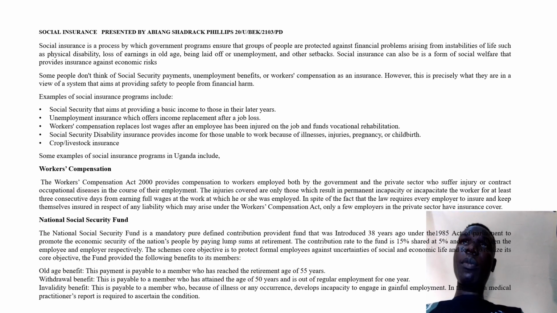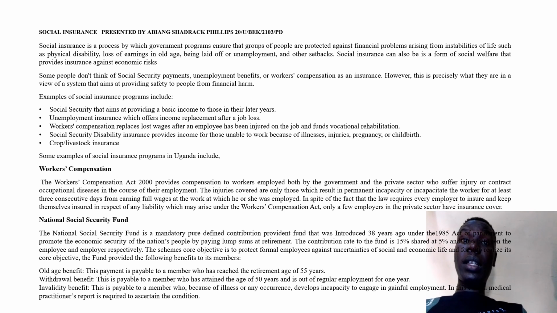Social insurance can also be in form of a social welfare that provides insurance against economic risks. Examples of social insurance programs include social security that aims at providing a basic income to those in their later years. In Uganda, we have an example of the NSSF, which is the National Social Security Fund, which was a mandatory pre-defined contribution provident fund that was introduced 38 years ago by the Act of Parliament 1985.